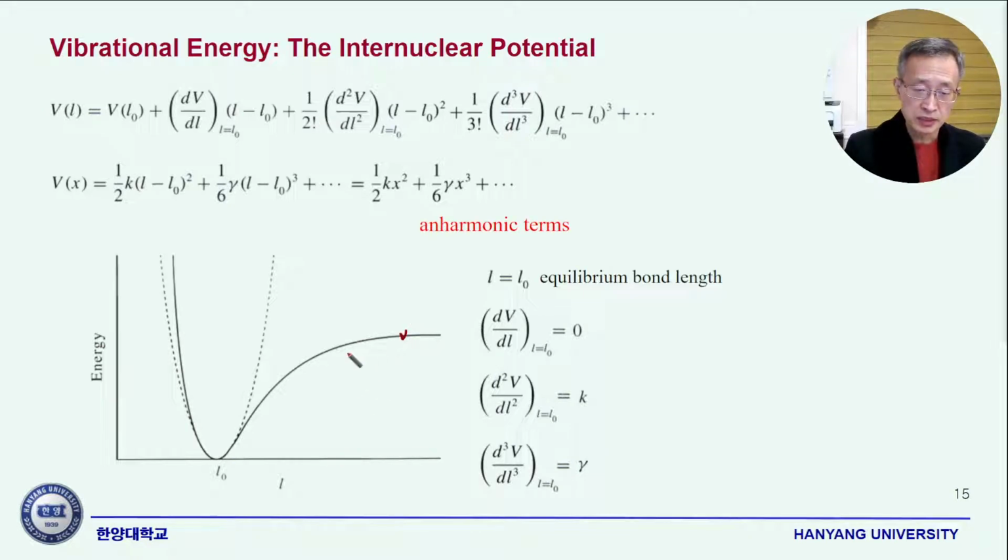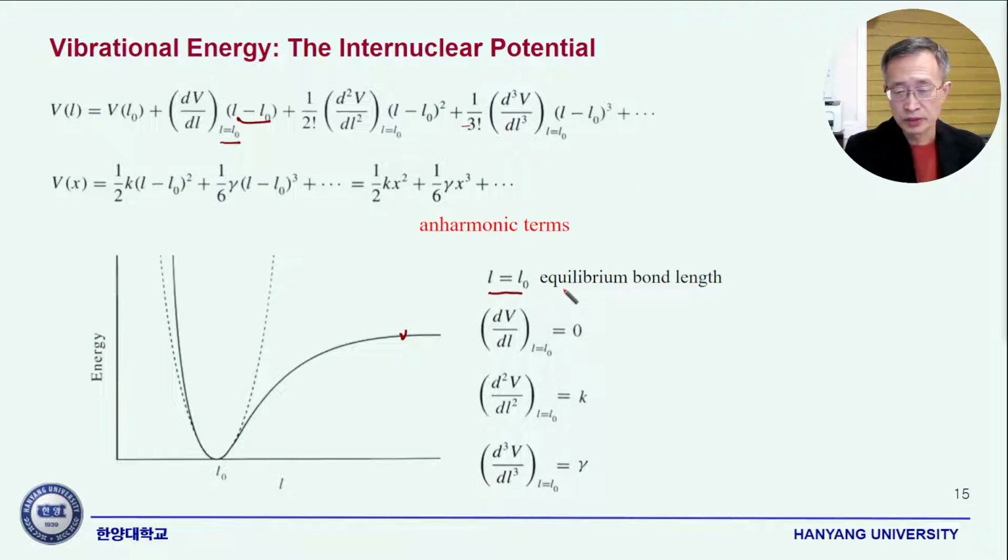So that is expanded in terms of L minus L0: V of L sub 0, plus dV/dL evaluated at L equal L0 times L minus L0, plus 1/2 of d squared V/dL squared times (L minus L0) squared, plus 1/6 of the cubic derivative times (L minus L0) cubed, and so on.